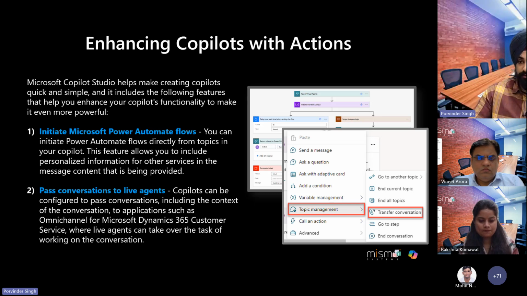The live agent can then take over and give answers to the user's queries. When Copilot transfers the conversation, it will transfer all the relevant information from its previous communication to the live agent, so they have full context of what the conversation was and where they need to pitch in.